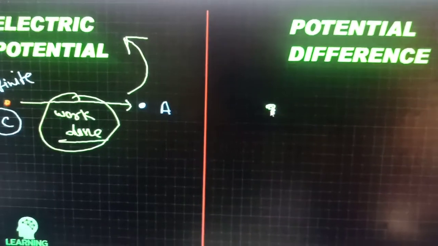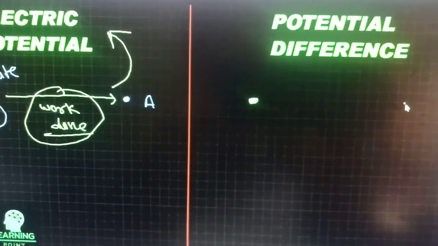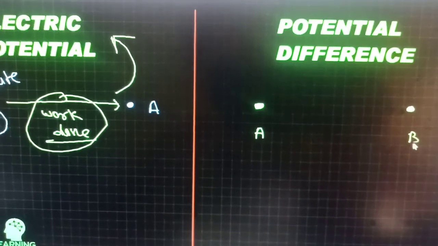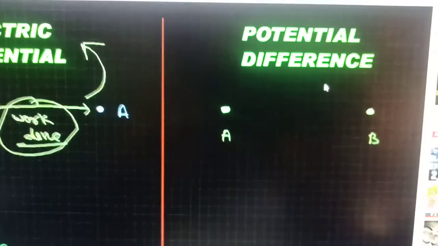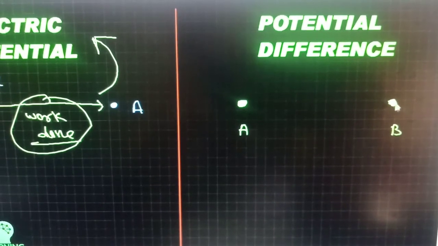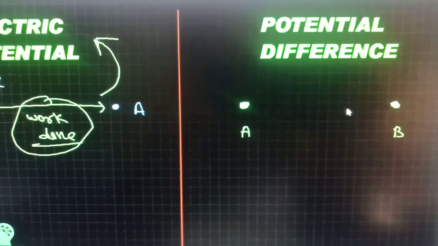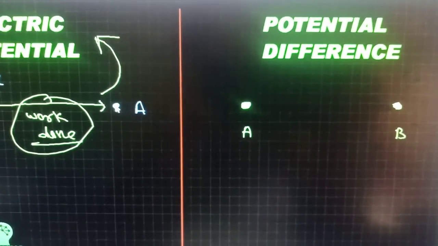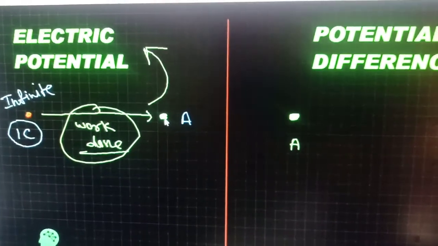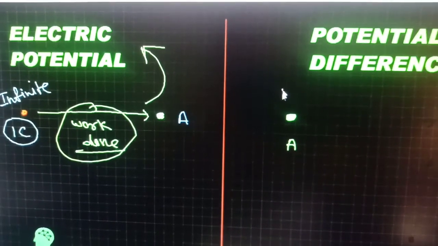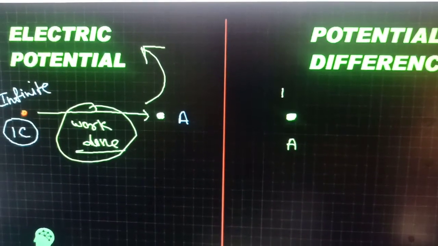Similarly, if the work is done to bring a charge from A to B, then this will be called potential difference. So electric potential is the work done to bring a charge from infinity to a point.